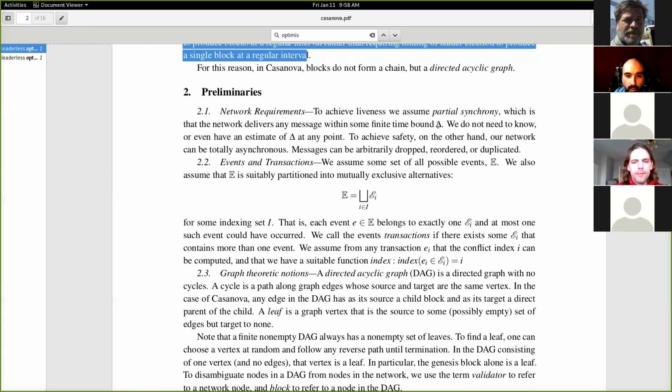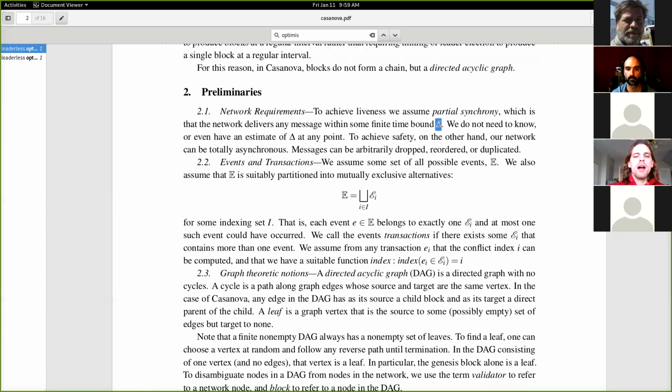Mm-hmm. They're making some assumptions about time, right? This is why it's partial synchrony, not partial asynchrony. So I wonder, it's cool to say this, but how is that enforceable in practice? If I send a message and for whatever reason it doesn't get to Bob, how do we guarantee that Bob later gets it?